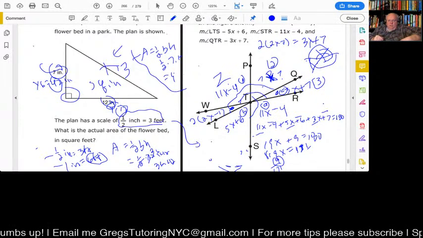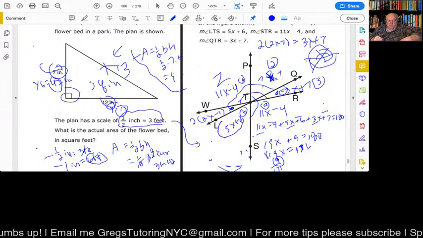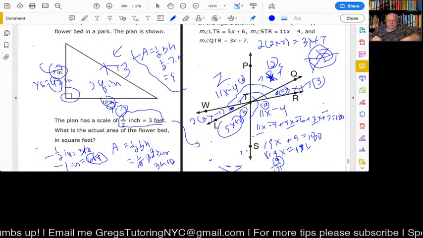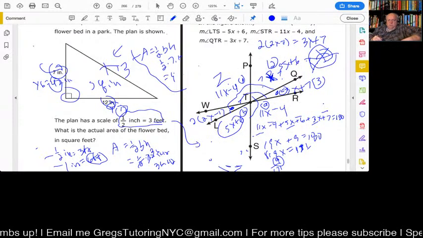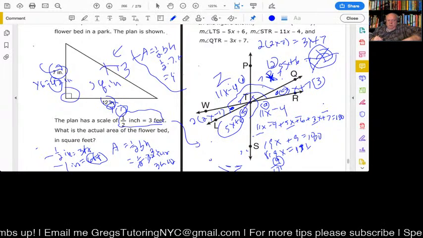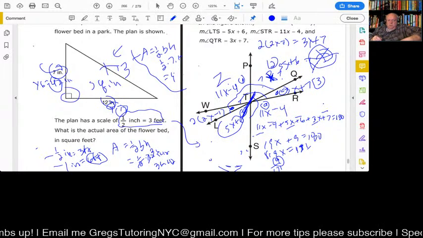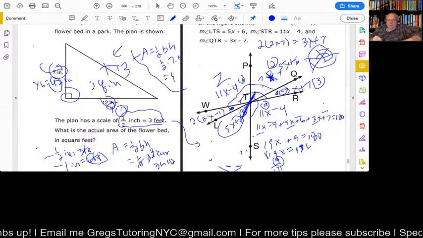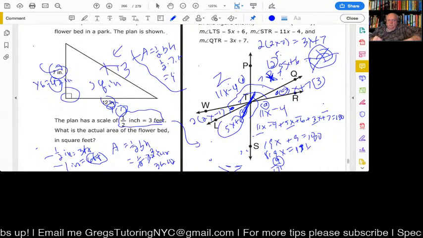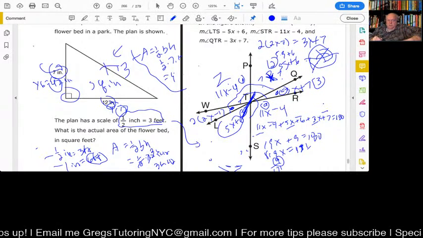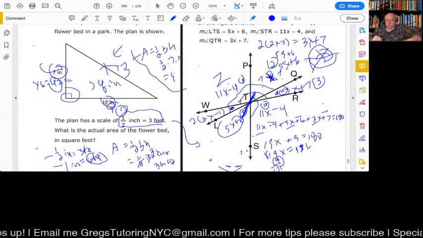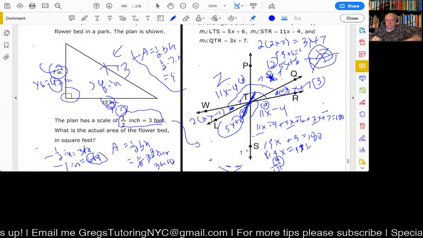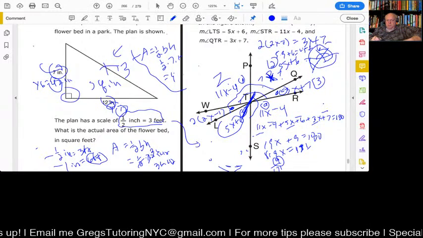And by the way, 5x plus 6 turned out to be this one. So, right, these two are vertical angles. So if x is 9, we get 5 times 9 plus 6. So we get 45 plus 6, and we get 51.